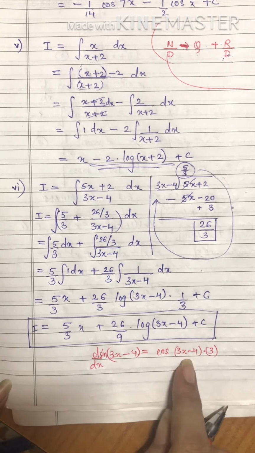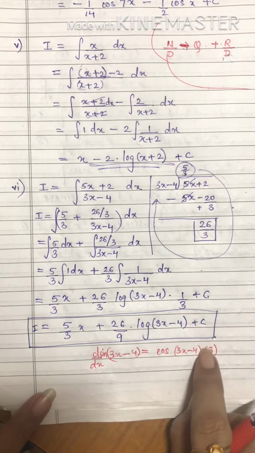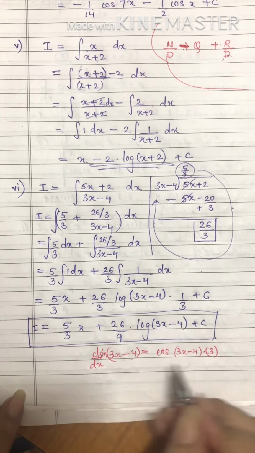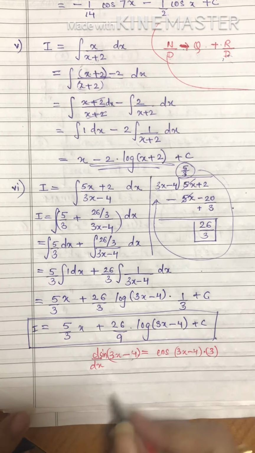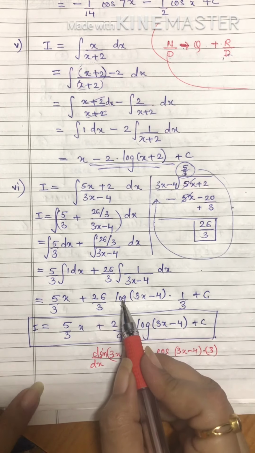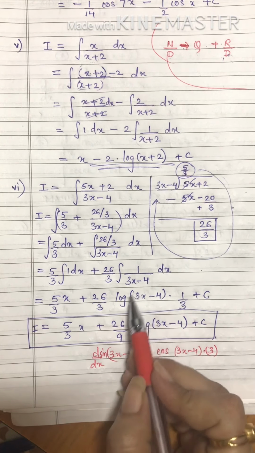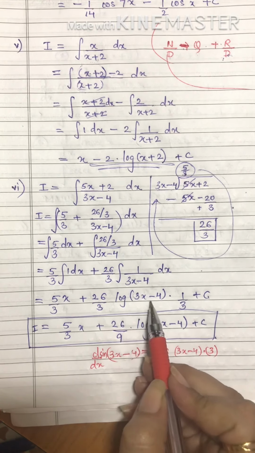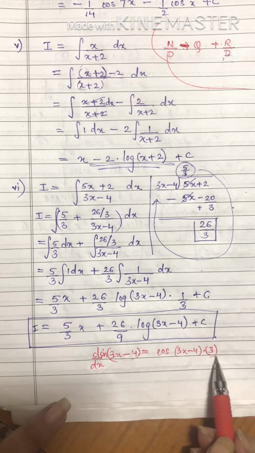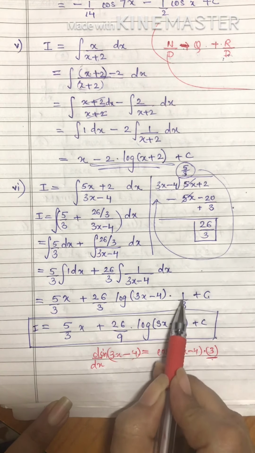The same thing you have to consider in integration. In a composite function, whatever we got in place of x, we used to multiply the answer. But in integration, you have to divide by that answer. So the same thing I have done here. Integration of 1/(3x - 4) gives you log(3x - 4) into this. Here we got 3, so you have to take it in division here. This is how I got the answer.